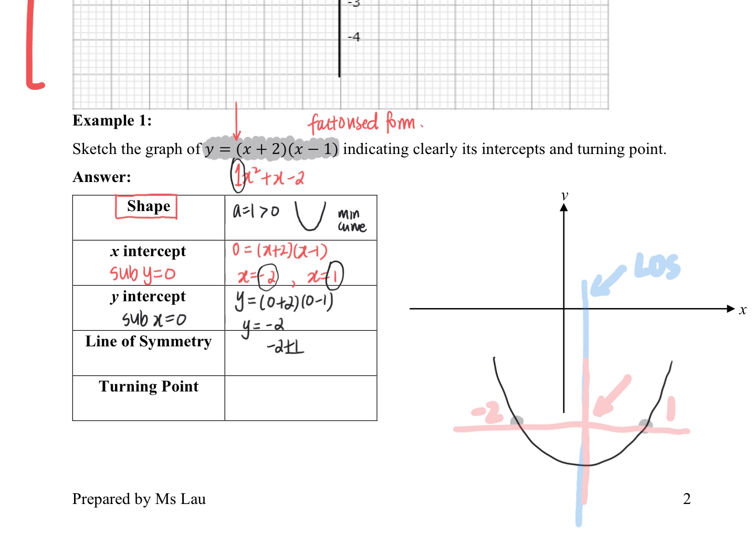And then you half it. So this is your x-intercept, but remember, line of symmetry is a line. When it is a line, it is an equation. So you have to write x equals to the value that you have found. So you cannot just tell me, oh, the line of symmetry is negative half. You must tell me it's x equals negative half. So in this case, this is my line of symmetry.